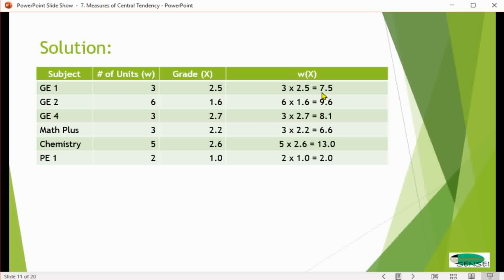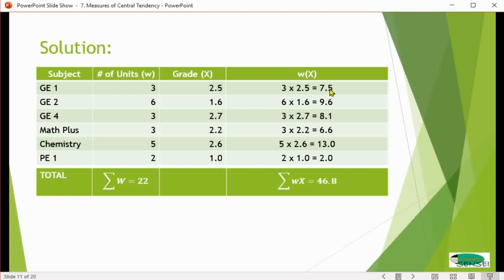So we have 7.5, 9.6, 8.1, 6.6, 13.0, 2.0 here as answers when we multiply column W to column X. And once you have multiplied that and you've got the product of W and X together, we add all W's and all WX. So the summation of W is 22, while the summation of WX is equal to 46.8.